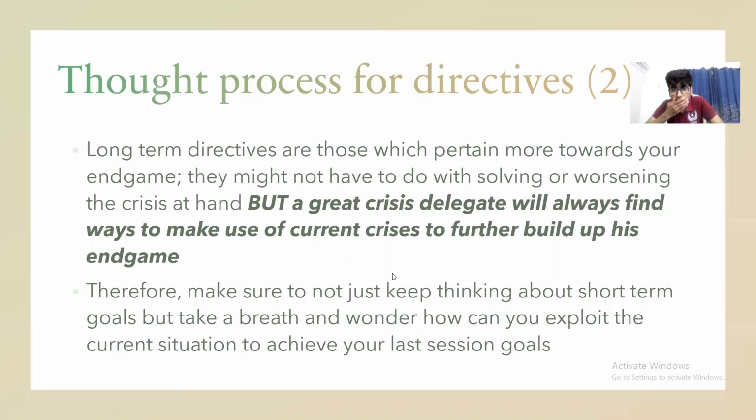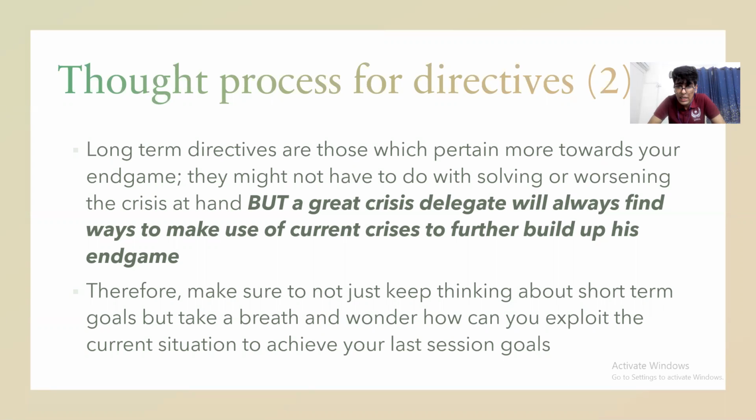Right. So if you think about long-term strategy versus short-term strategy, the first thing that you need to ensure is what ideally do you think you can make the most out of. If there's a session particularly that you don't feel that you should be solving, then use it to enhance your long-term goal. For example, you're talking with the British or the Americans of a possible coup, and you think that the crisis will further allow you to sell your position or further get closer with the British or Americans, then just do that through your private directive.